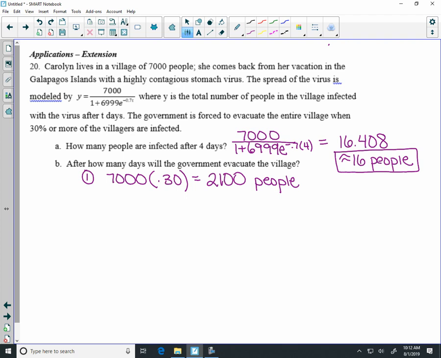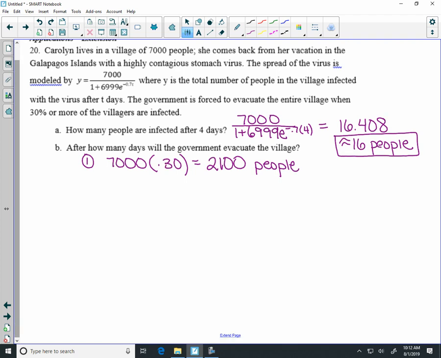So in order to solve this, after how many days, we're going to set our equation equal to 2,100. It's a lot of writing. I feel like these problems are more writing than they are really algebra, although there's lots of algebra to do as well.